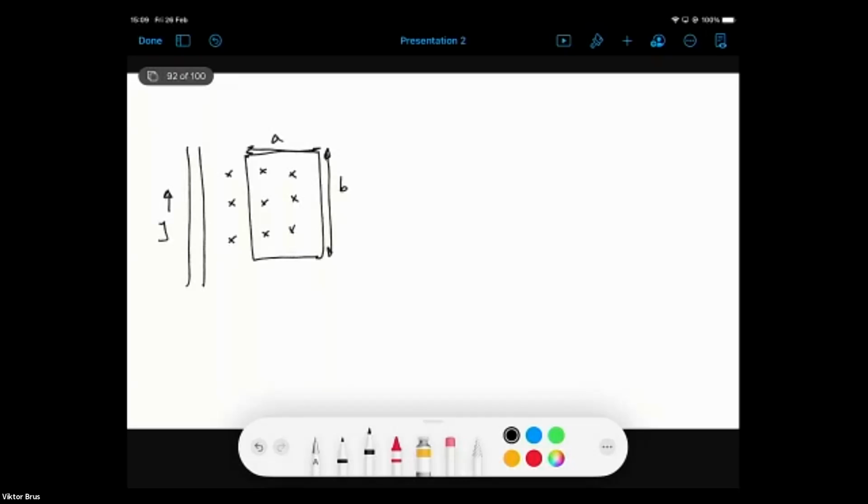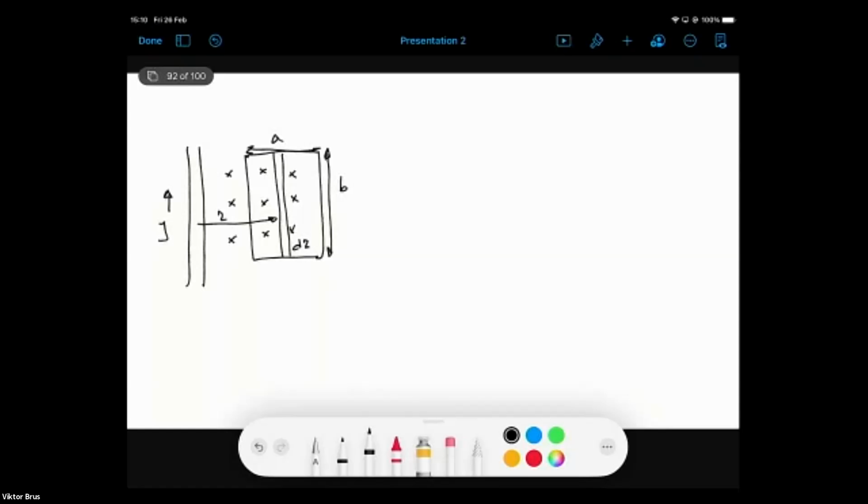So we need to keep in mind that magnetic field is not uniform, so it changes with the distance from this straight long wire. So let us consider some small element of this frame at the distance r from the wire, and the width of this small element of area will be dr.